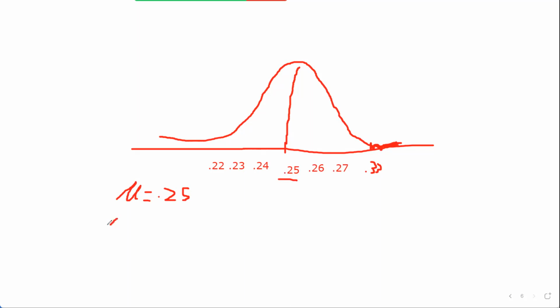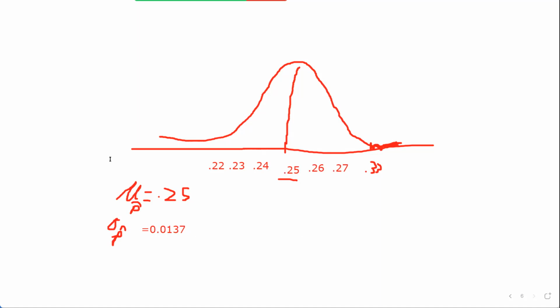And remember, when we use calculations, we're going to use our 4 decimal place approximation for sigma of p hat, right? So this is going to be equal to 0.0137, right?